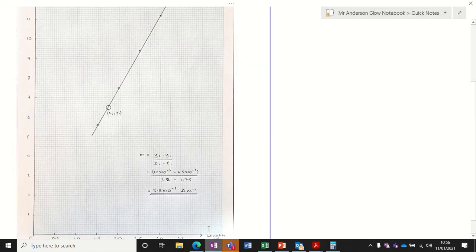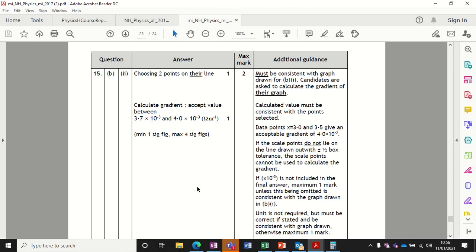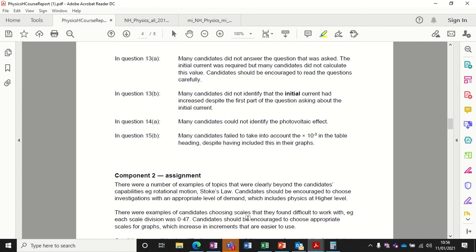My value was 3.8, so that's in between, therefore it's acceptable. Now, there's lots more additional guidance here in terms of where you can gain some marks, but also how you lose marks. But if I go back to the course report, let's see what they were saying here. Many candidates failed to take into account the times 10 to the negative 3, therefore they were getting incorrect gradients.